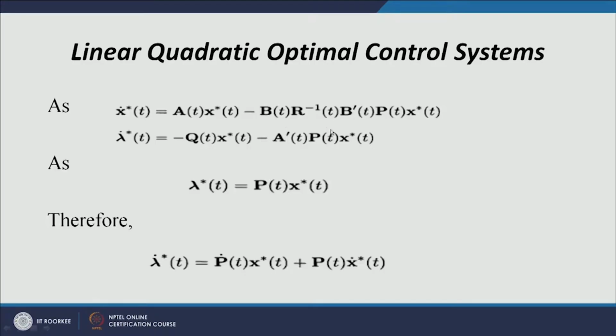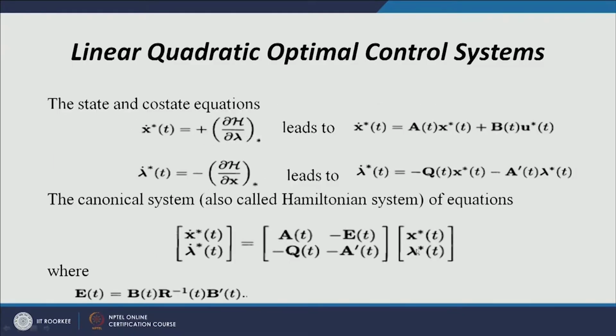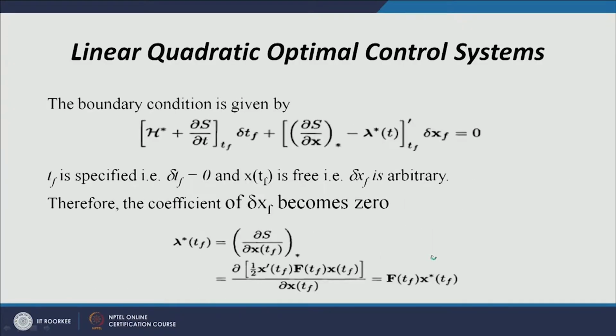In this Hamiltonian equation I have x dot in terms of x(t), and P(t) x(t) is nothing but my lambda(t). So, from this relation I have replaced lambda(t) by P(t) x(t).